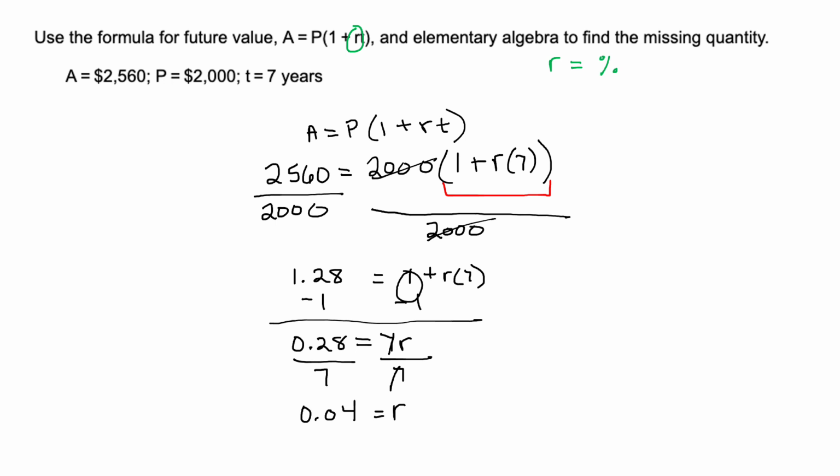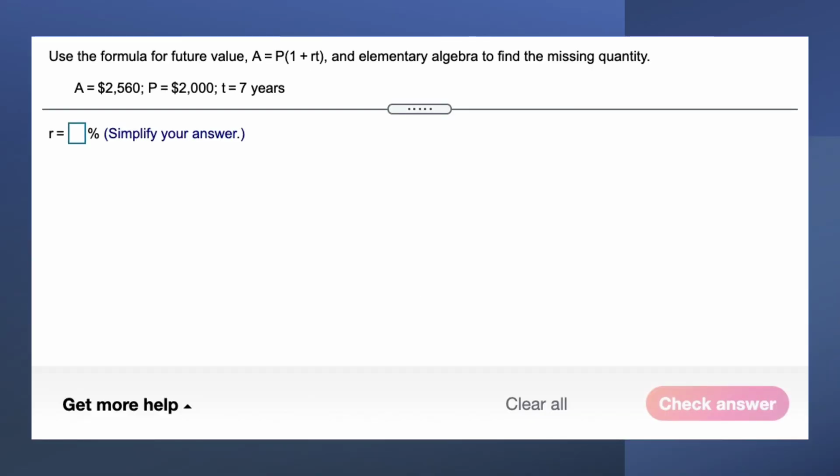So we'll take that value, which is 0.04, and multiply it by 100 to get the percent. That's the same thing as moving the decimal 2 places to the right. So my answer is 4%. The answer to this problem is 4%.